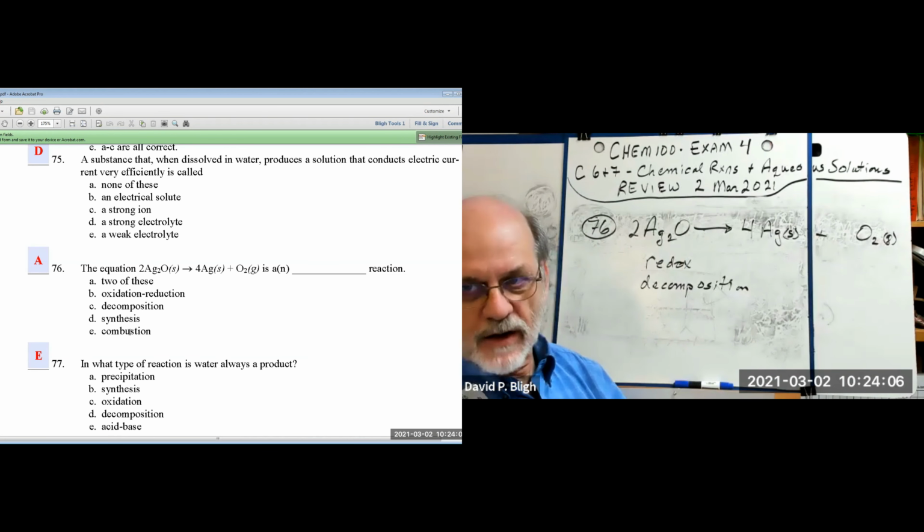There we go. And now we want to balance that. Here's the problem. This is what's called a disproportionation reaction.